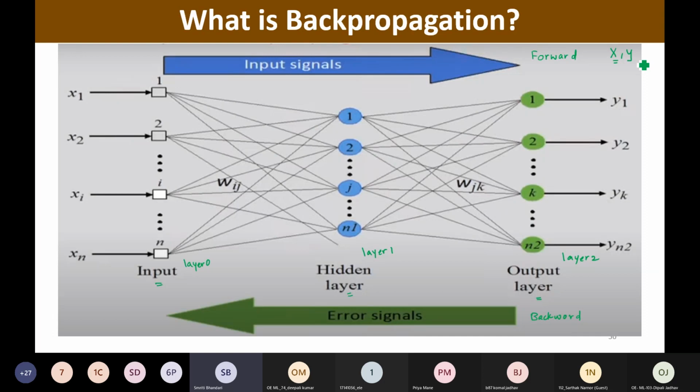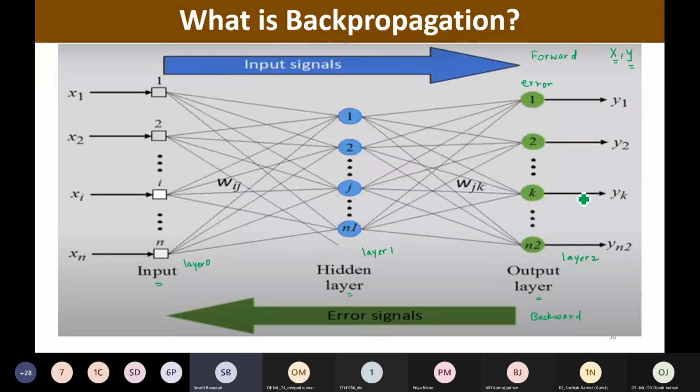So the error can be computed at the output layer because we know the actual output y, correct? And we know the observed output from this network, right? So it is possible for us to compute the error at the output layer.